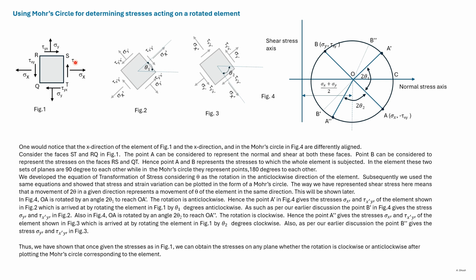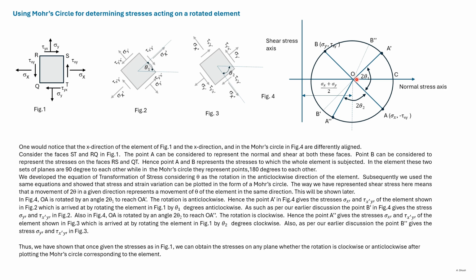This corresponds to the perpendicular to ST rotating by an angle theta 1 in the counterclockwise direction. So the stresses corresponding to A dash are the stresses on this face of the element. We extend A dash O to O B dash. Then B dash will give the stresses on this face of the element.